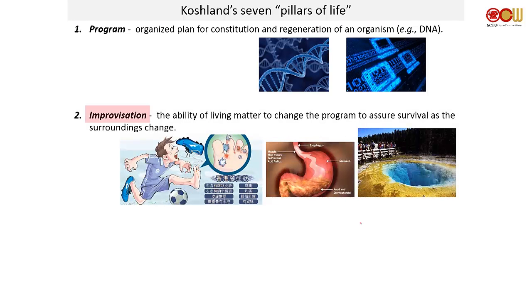Second, improvisation. This is the ability of living matter to change the program to assure survival as the surroundings change. You've got different bacteria that grow on your feet, in your stomach, and in hot springs. What do they have in common? Not much.